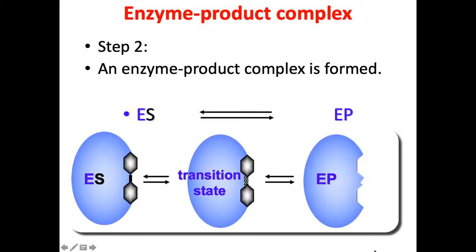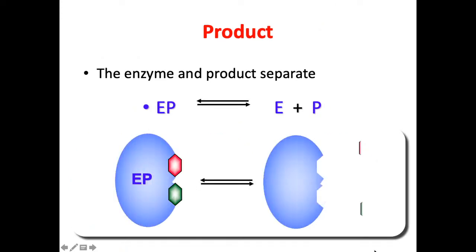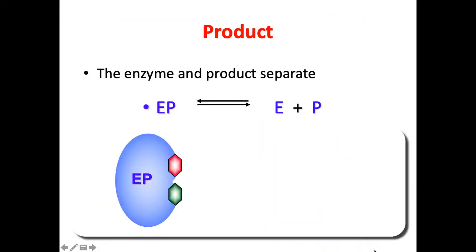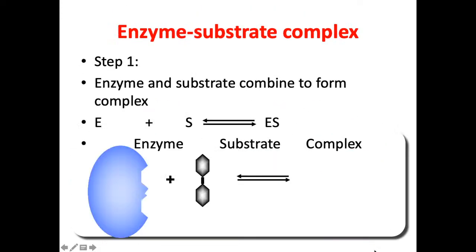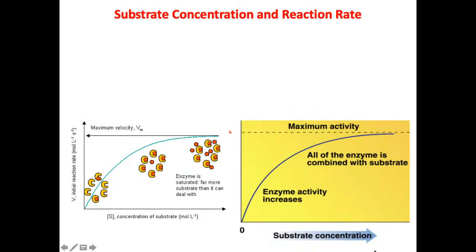In between there's a transition state. Then once the EP goes through, you have your enzyme and product. So the product is made and the enzyme is ready for another substrate. This way the reaction continues. You can see all these reactions to be reversible. All the reactions in step 1, step 2 and step 3 are reversible.